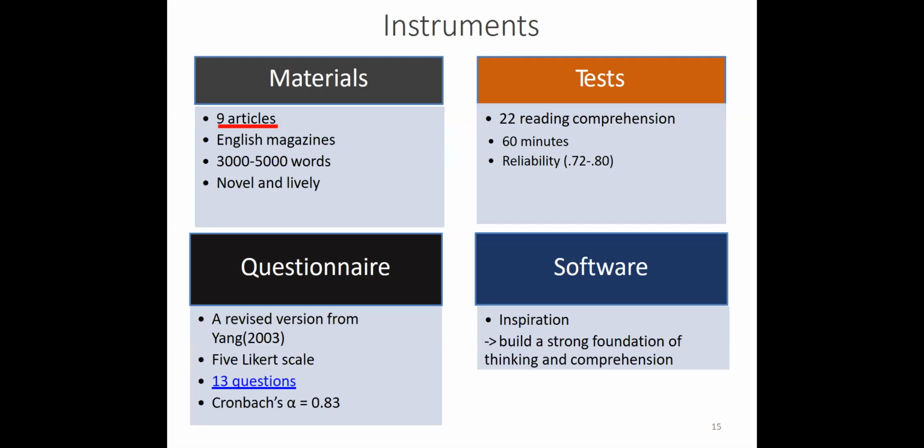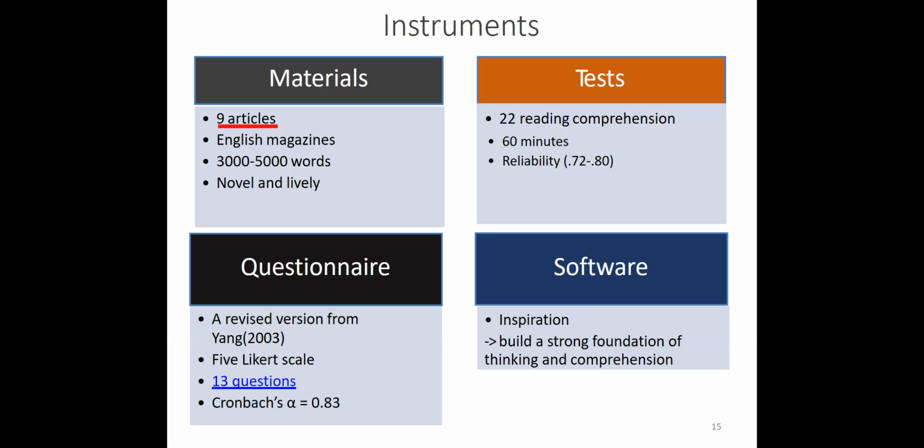So with the instruments, the researchers will give the students, the participants, 9 articles. They are English magazines with the length from 3,000 to 5,000 words. They can be novels and lively. So the reading texts provided by the magazine were employed for the assessment of the students' reading in this research.